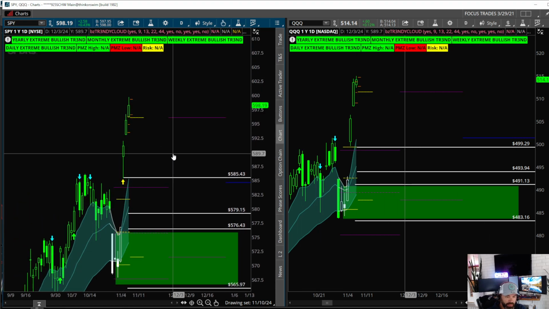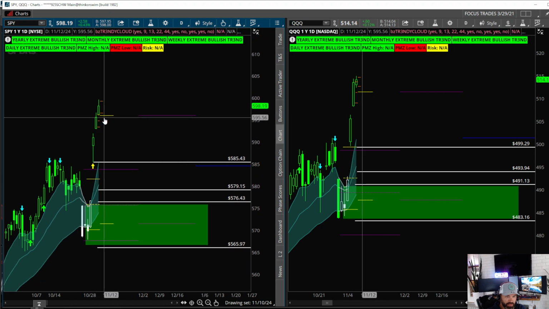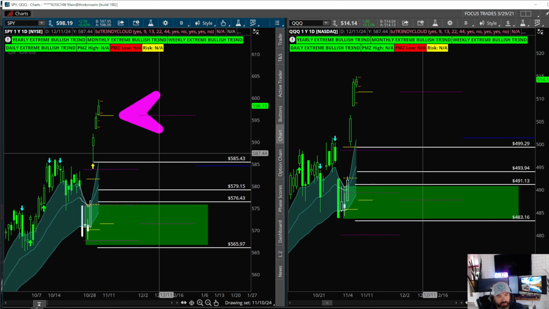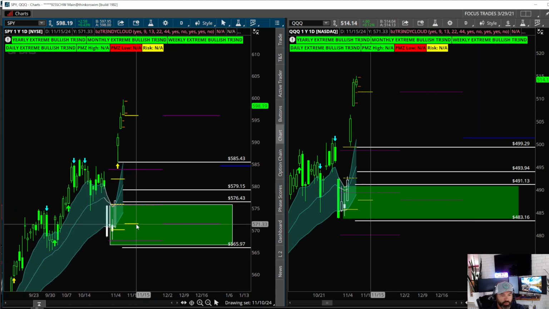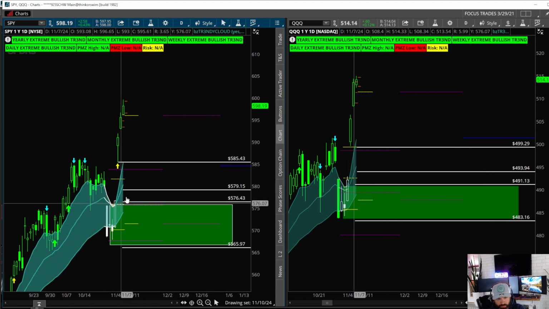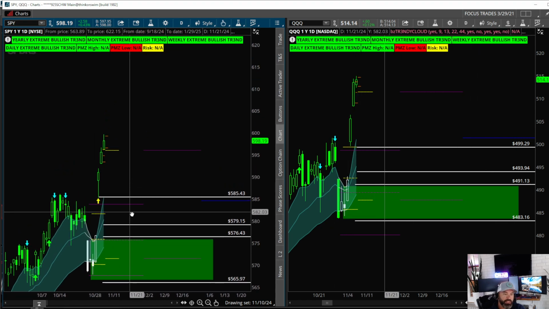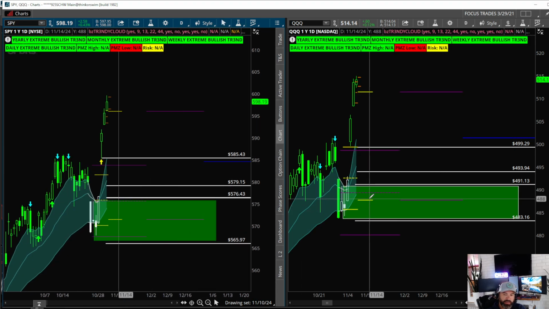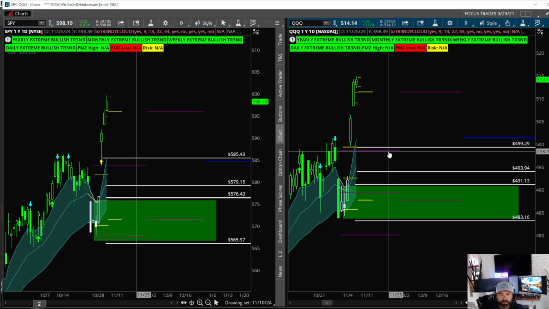And my weekly edges, so this is where my weekly edges are. This is pretty insane because we had such a big move. That's a really wide space there. Okay. Anyway, it's pretty cool because our weekly edge is where it's supposed to be, in a demand zone. All right. And then, okay, then I have this as well.